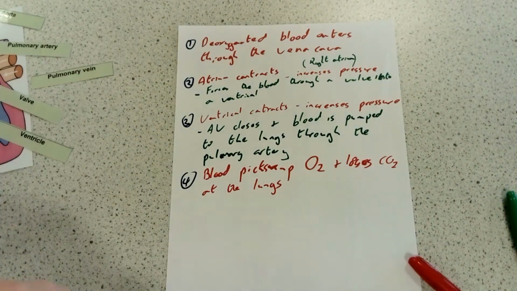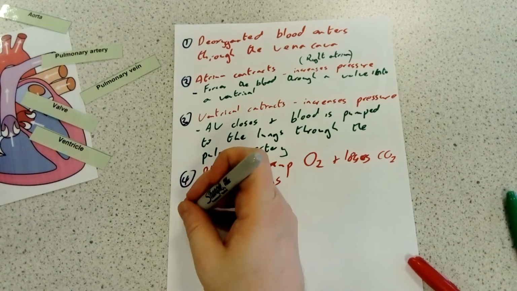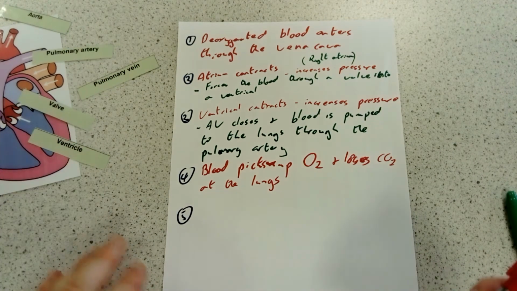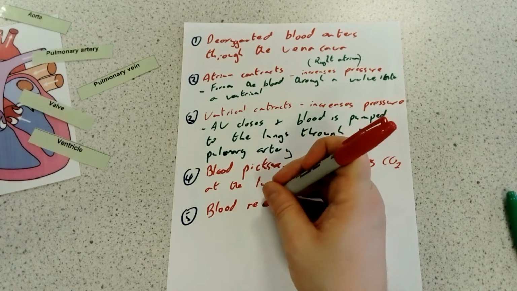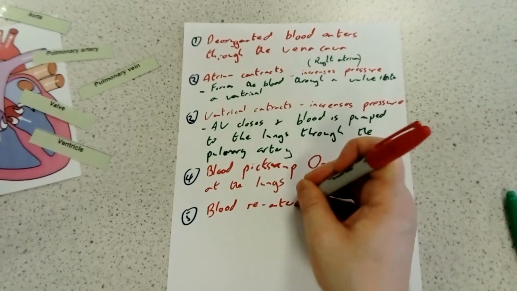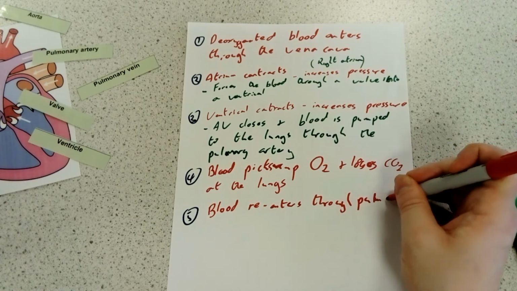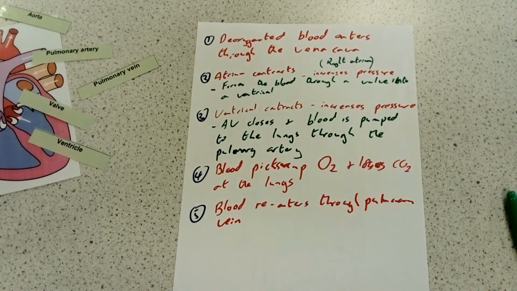The blood then re-enters the heart back on the opposite side. So the blood re-enters through the pulmonary vein. So remember, it's the only vein that's carrying oxygenated blood.